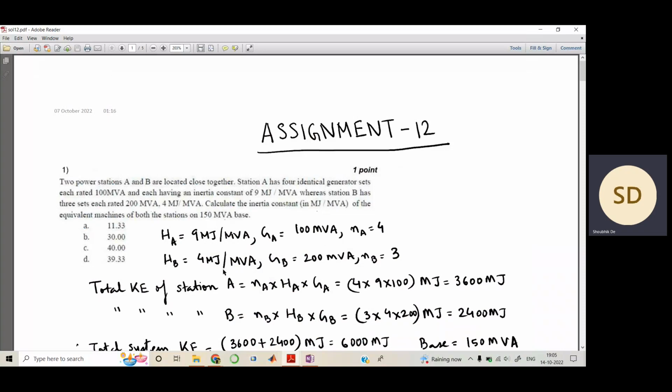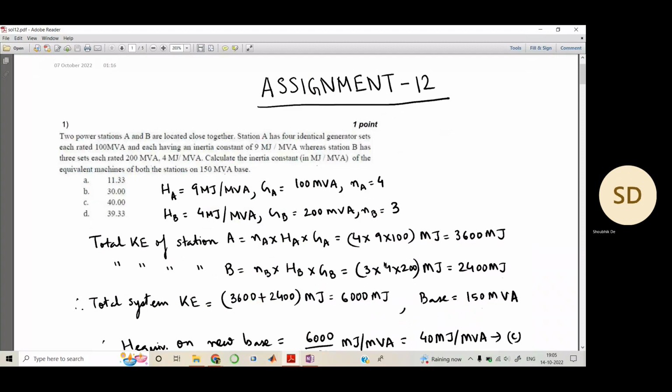Similarly, for station B, HB is 4 megajoule per MVA, and there are three such generators. So we have to calculate the total kinetic energy of station A, which means the multiplication of the inertia constant and the rating of the generator, multiplied by the total number of generators.